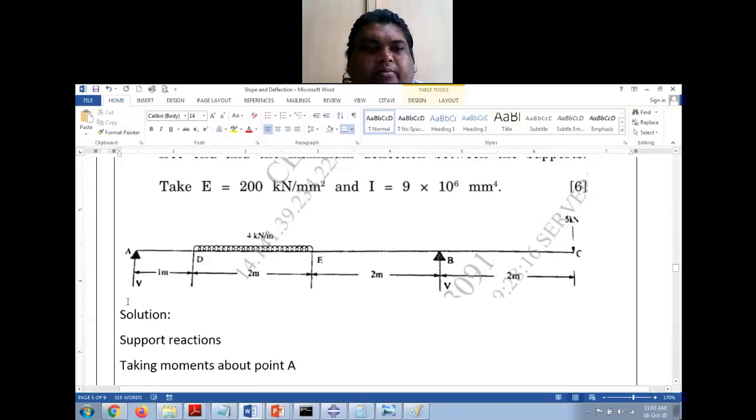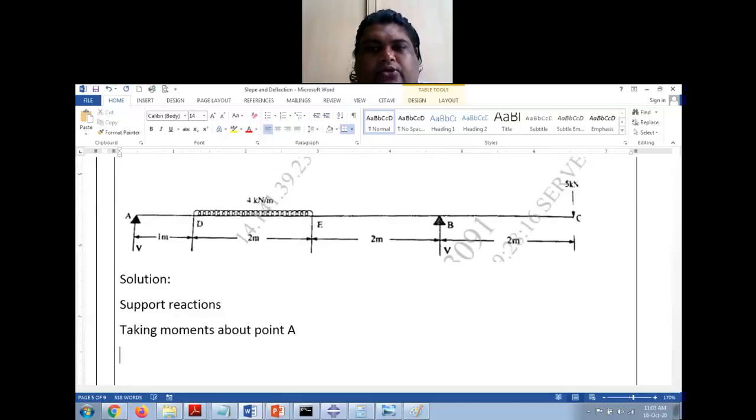I'm taking moments about this support. So I will have reaction at B, so it is RB into perpendicular distances 1 plus 2, 3 plus 2, 5, into 5, and other loads are vertically downward, so they will be negative and that will be equal to 0.